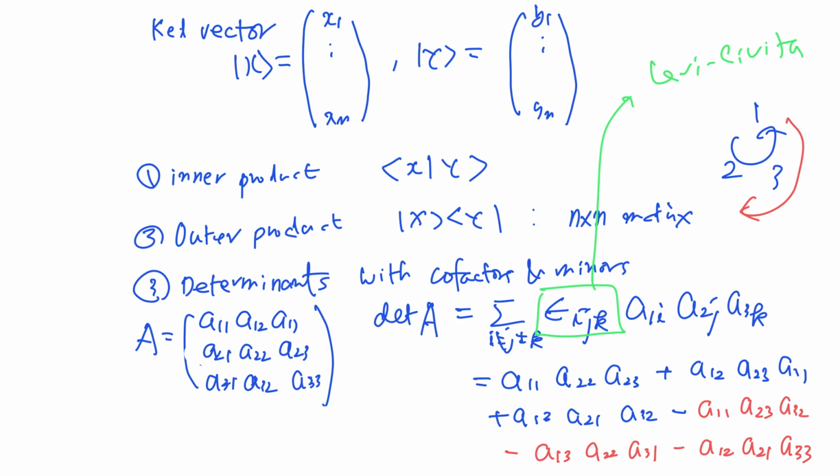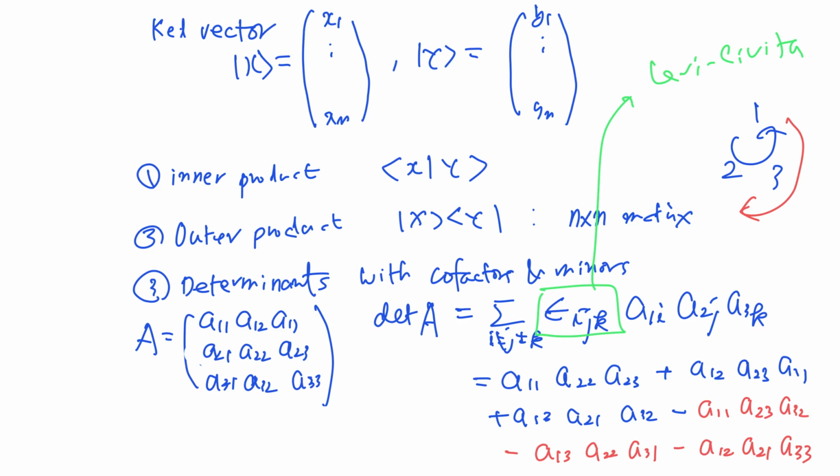So for 3 by 3, actually, the rule is very simple. You said it's 1, 2, 3, right? And second is i, j, k, determined by this Levi-Civita symbol, which is plus 1 when it's even permutation, and minus 1 when it's odd permutation.